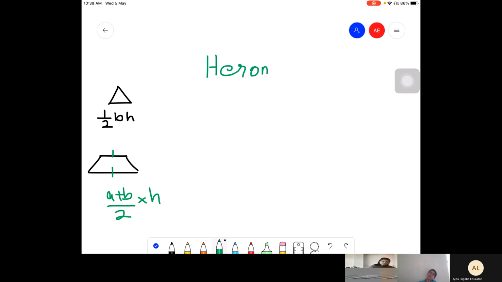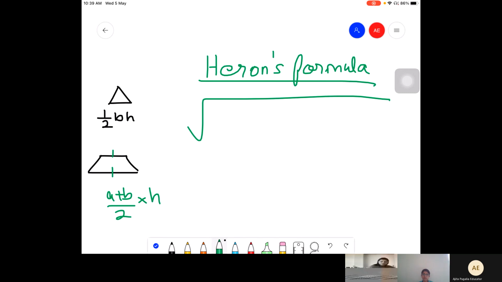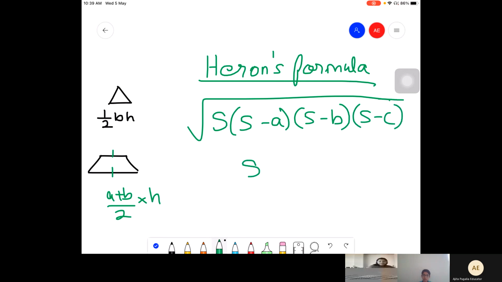The formula is root over S, S minus A, S minus B, and S minus C. What is S?